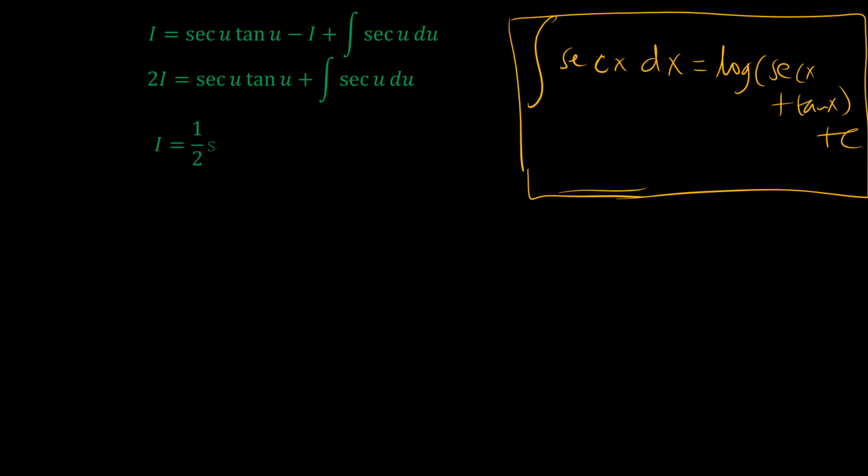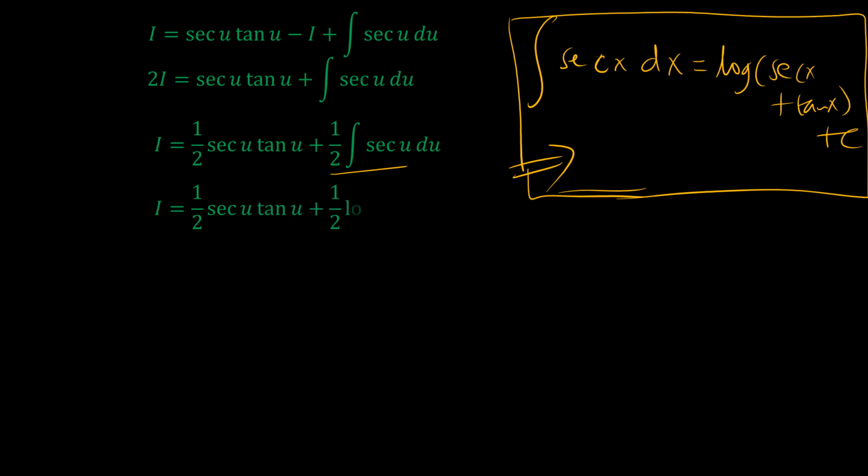But I here is the same as half sec u tan u plus half the integral of sec u, but we already know what that is now from this expression here. So we have I being equal to half sec u tan u plus half the natural logarithm of sec u plus tan u.